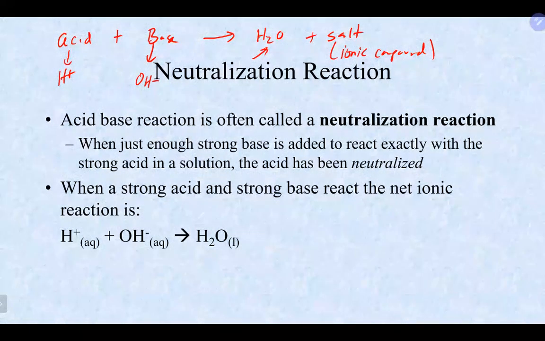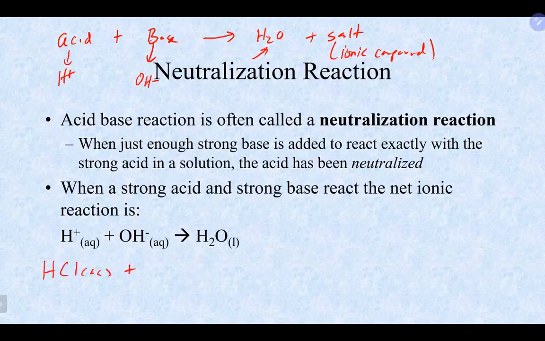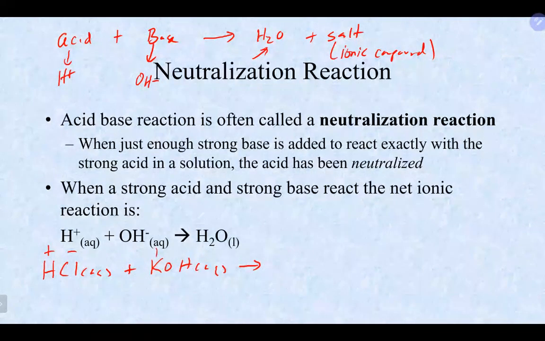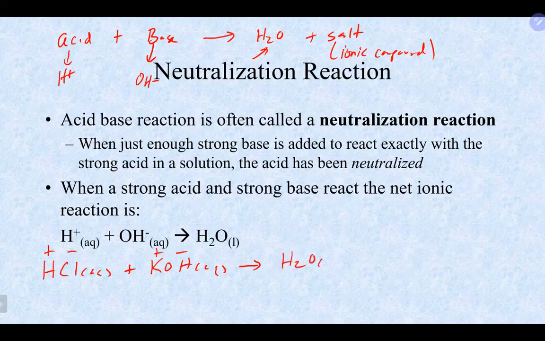So for example, if we took hydrochloric acid and, say, whatever base you like, potassium hydroxide, that's a strong acid, strong base. It is again a double displacement reaction where the water will be made from the H and the OH, and the salt will be made from the two ions that are left over, which would be KCl in this case.